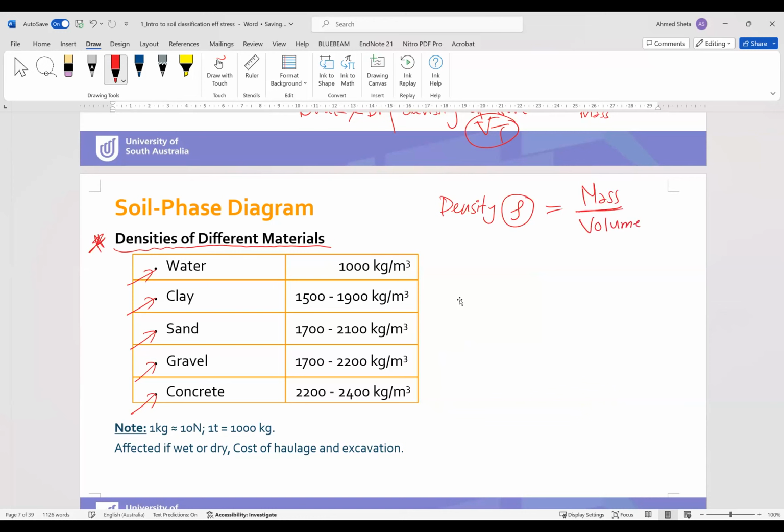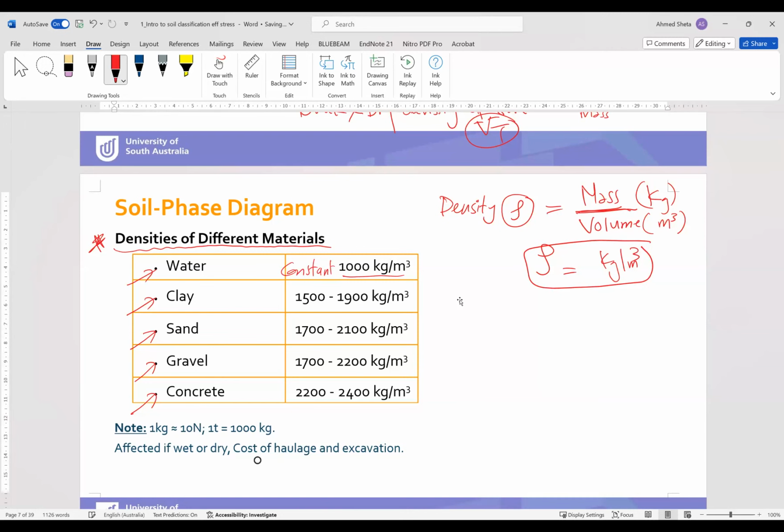The mass is generally measured in kilograms and the volume in cubic meters, so the rho unit is kilogram per cubic meter. Water has a constant density of 1000 kilogram per cubic meter.